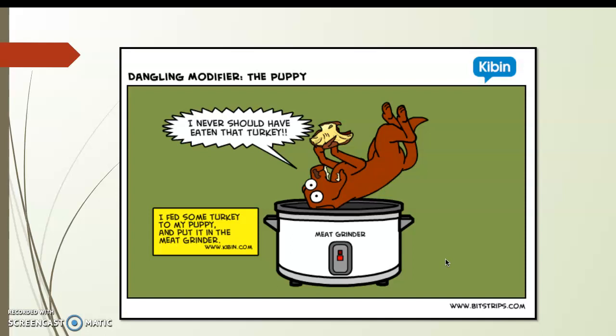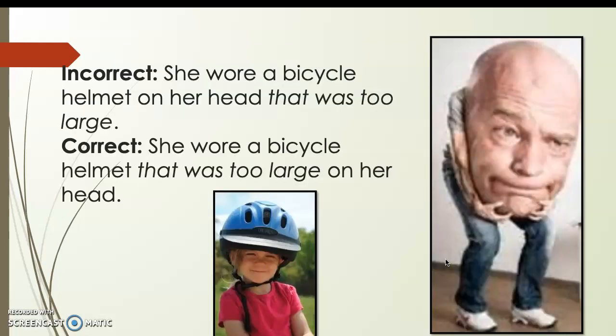What did we intend to say in the sentence? Well, we intended to say something like, I put the turkey in the meat grinder and then fed it to my puppy. So, the importance of this whole lesson is so you avoid sentences where you put dogs in meat grinders, obviously. So, moving on.